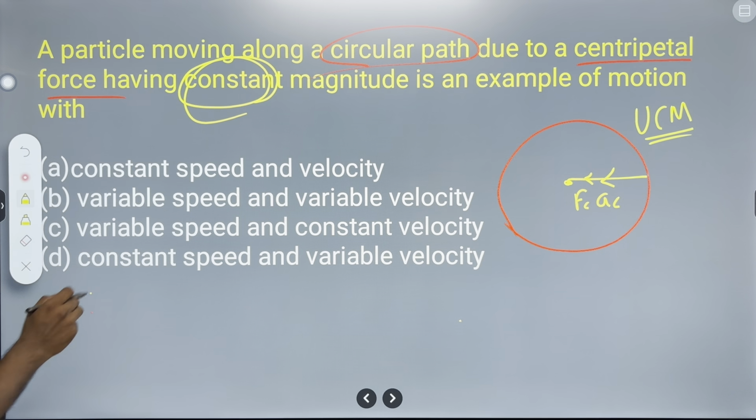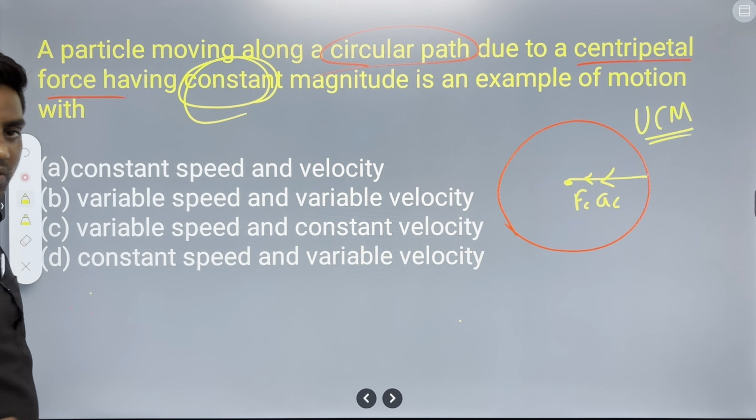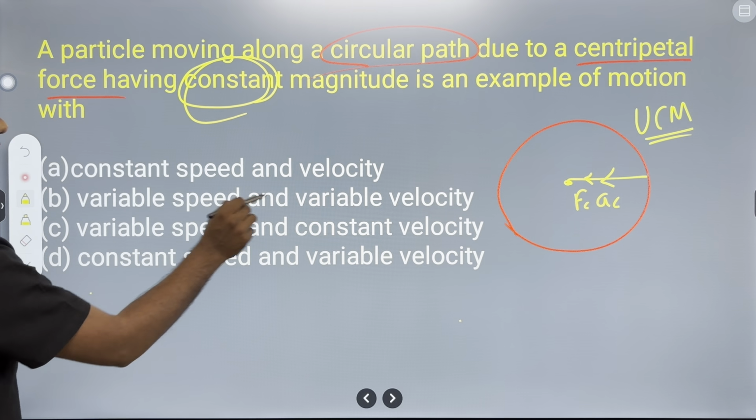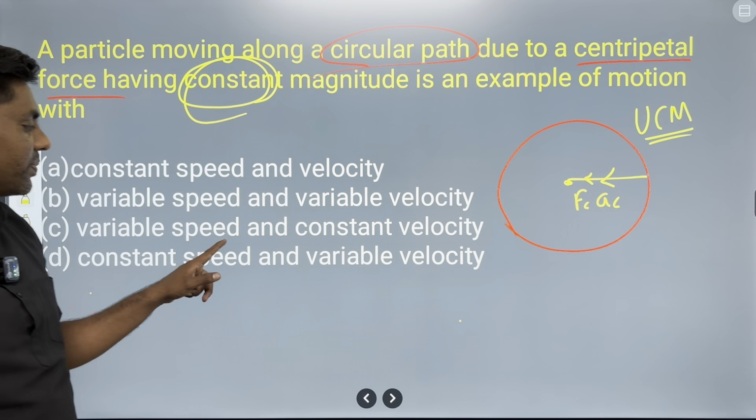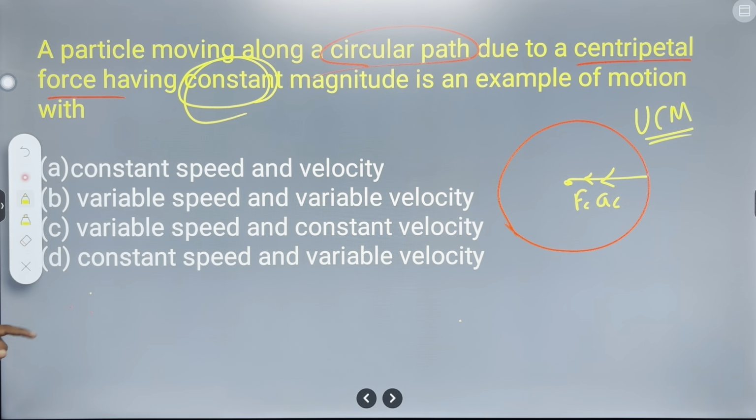First option is constant speed and velocity. Second option, variable speed and variable velocity. Third option, variable speed and constant velocity. Next option, constant speed and variable velocity. The option D is correct. So what happened?